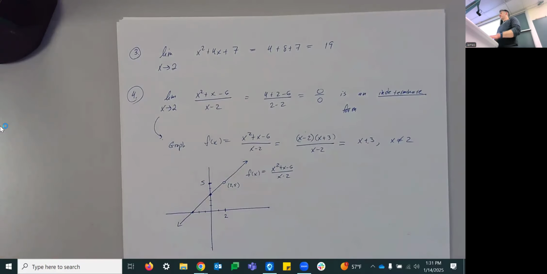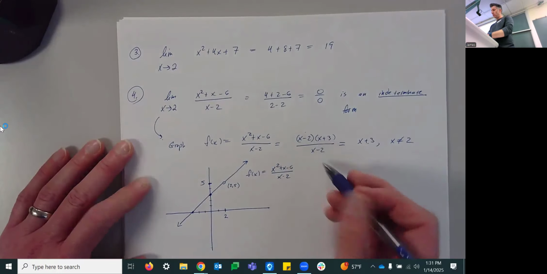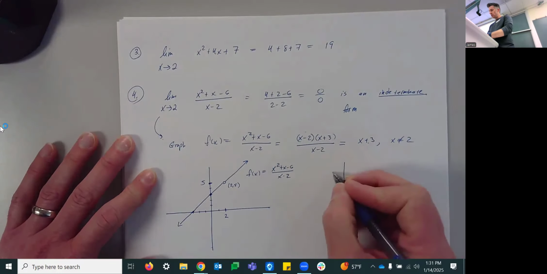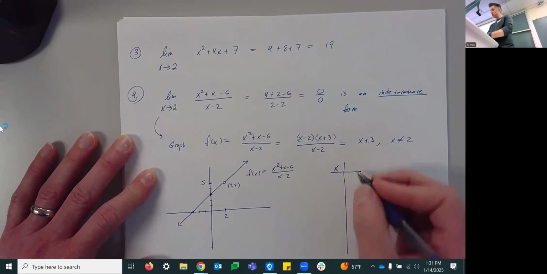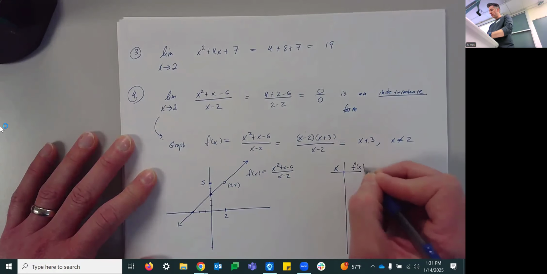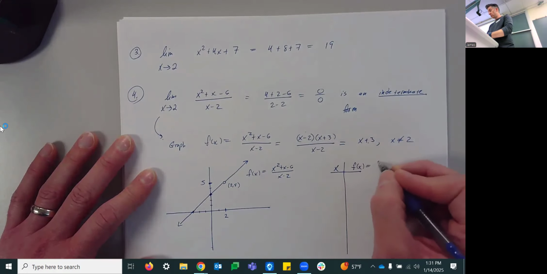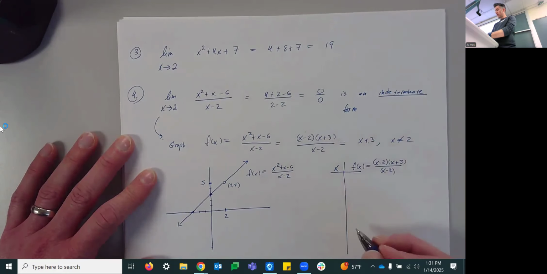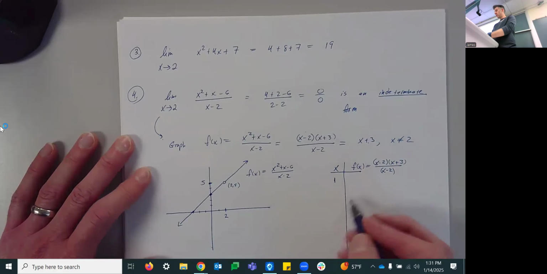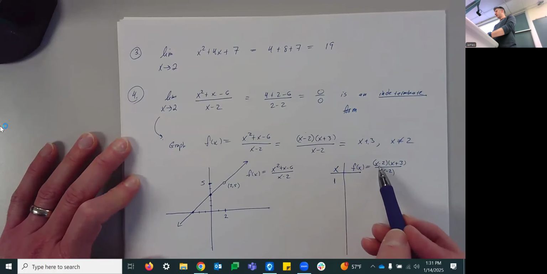We could examine this a bit more and see, well, look, as long as x isn't 2, our f of x value is going to be essentially x plus 3. For example, if x is 1, well, 1 minus 2 times 4 divided by 1 minus 2, the 1 minus 2s are going to cancel.